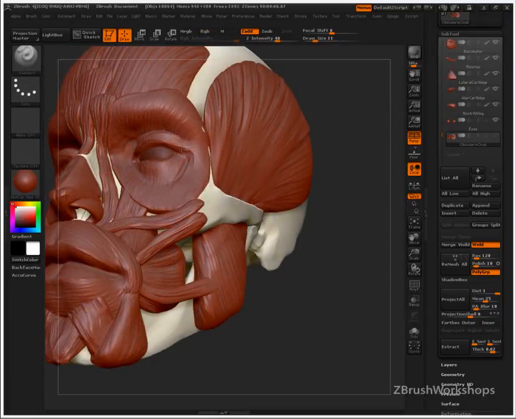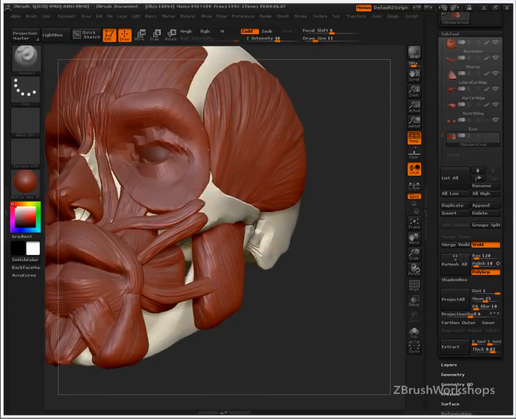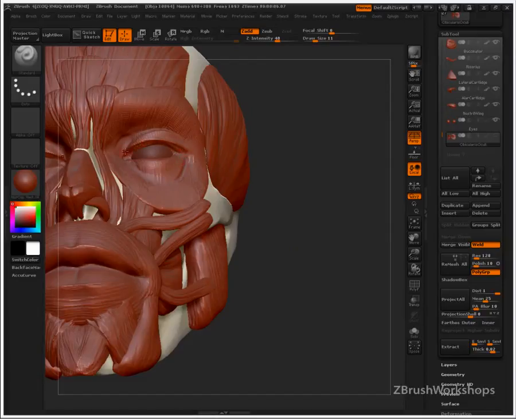Again, one thing that's really important to keep in mind, just like with the lower and upper lip, one of them is going to be dominant, and in this case the upper lid is again dominant.